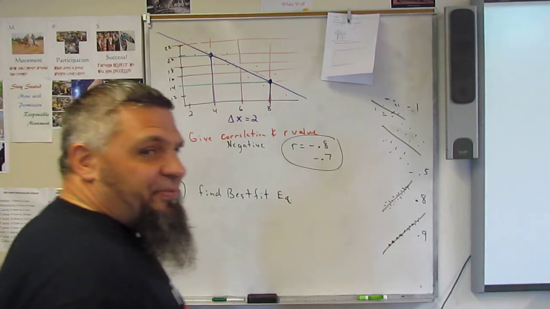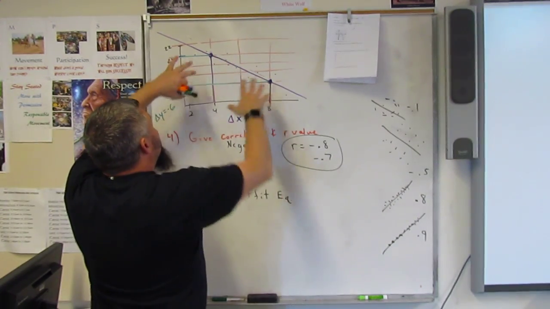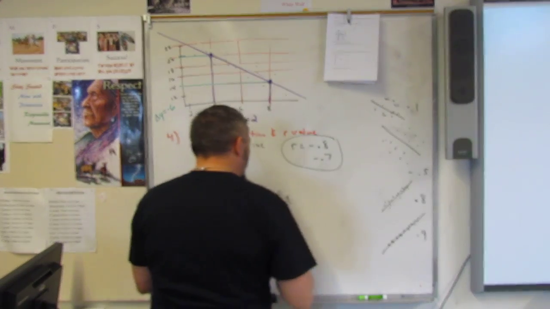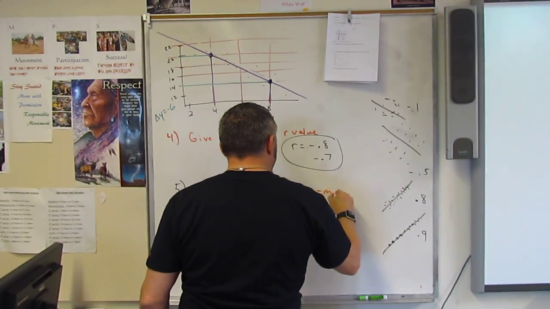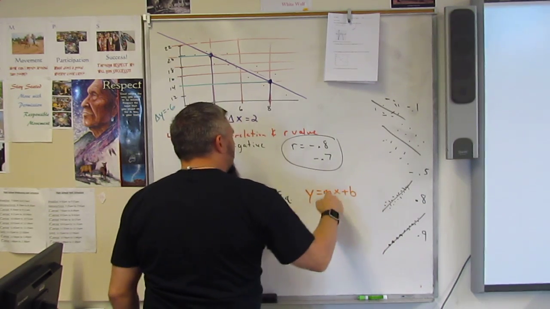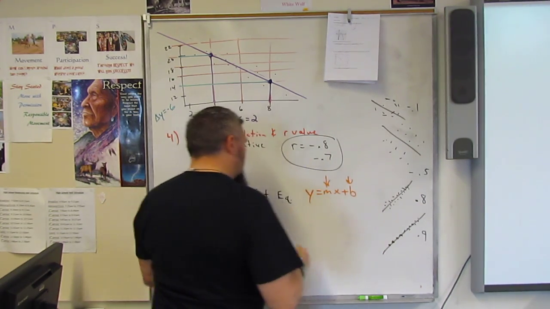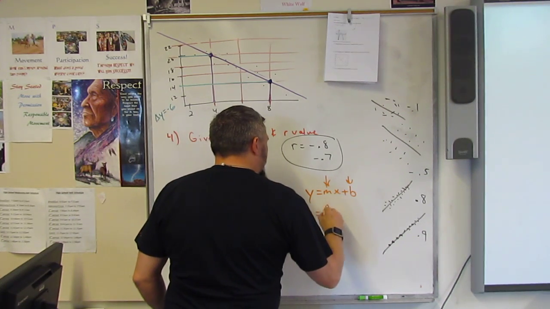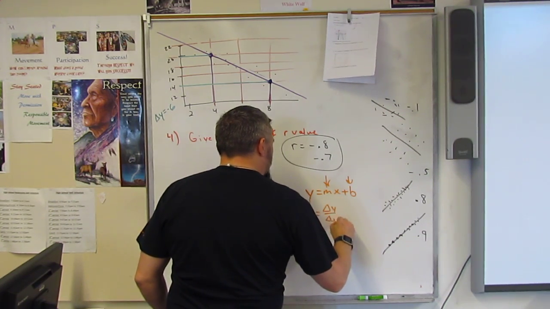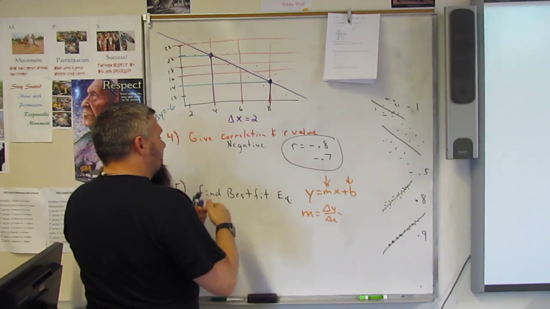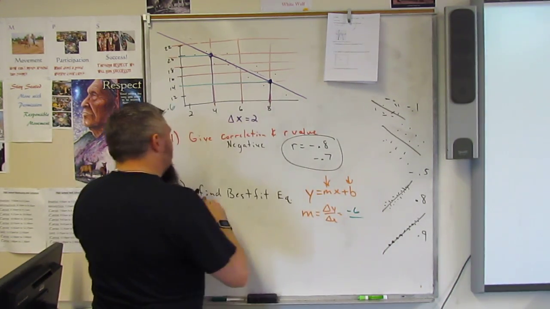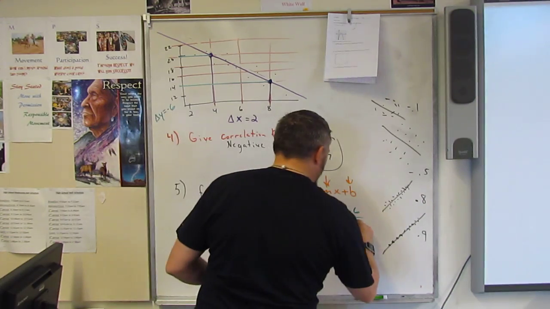The line of best fit goes with this equation: y equals mx plus b. I need m and I need b. Well, I found m, because m is delta y over delta x, which in our case is negative 6 over 2.